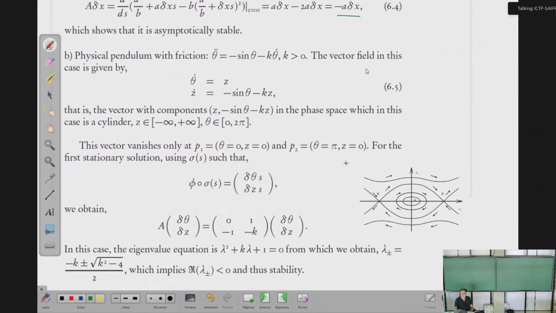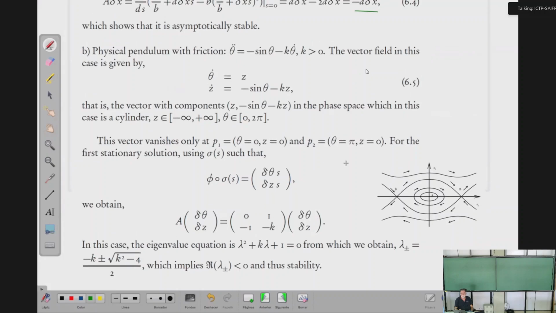Here I have the physical pendulum. It's the same, these are the equations. For the case of the origin, the solution which is stable, we know the theta equal to 0 and the velocity equal to 0, is this point.